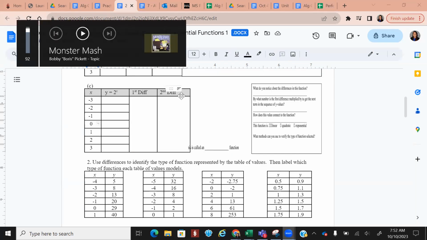So if we plug in these numbers, what'd you get for this first one?